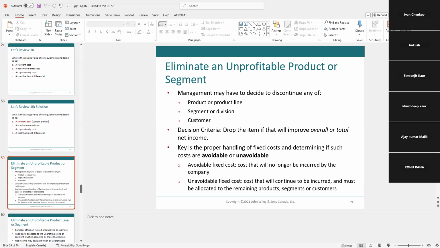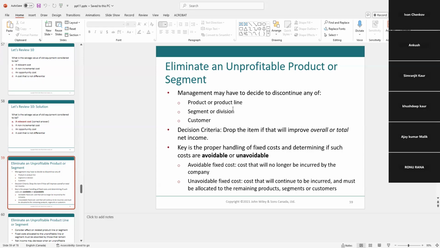So in this case, you have to consider two types of cost: costs which are avoidable and costs which are unavoidable. More specifically, variable cost is always going to be avoidable because once we stop producing something, the variable cost will disappear.